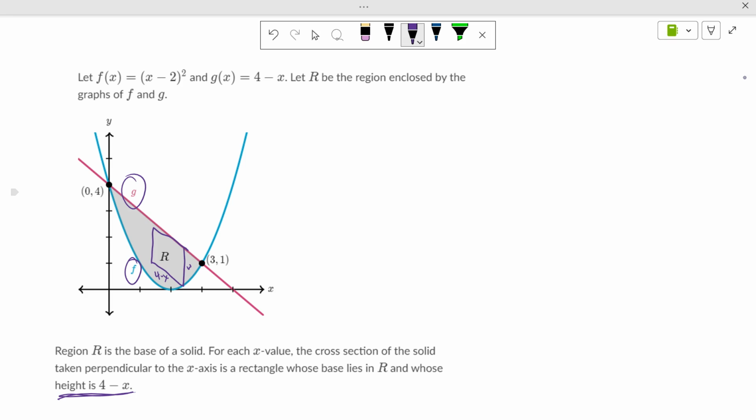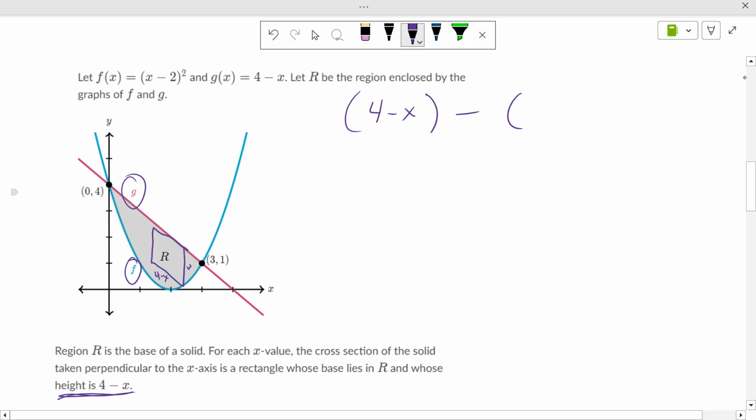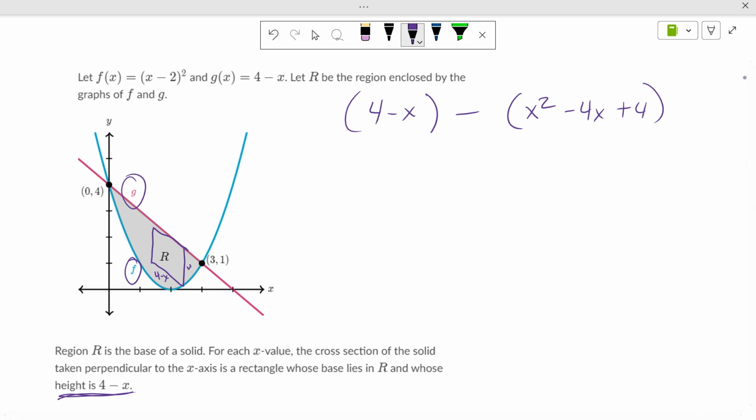So the g, 4 minus x, minus the bottom. And then I'm going to multiply that out. So that's going to be x squared minus 4x plus 4. So we're going to subtract these. Okay, so 4 minus 4 does what? Cancels. Negative x minus negative 4x is negative x plus 4x, which is 5x minus x squared.